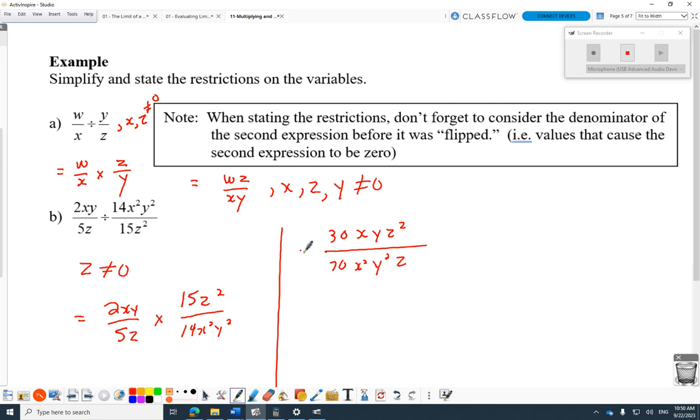Please look at that long enough that you go, oh, I get that. X, y, z squared, x squared, y squared, z. I changed the order to put them in alphabetical order. It's not an algebraic requirement, but it is going to help you stay organized. So alphabetical order is the better way to go with variables.